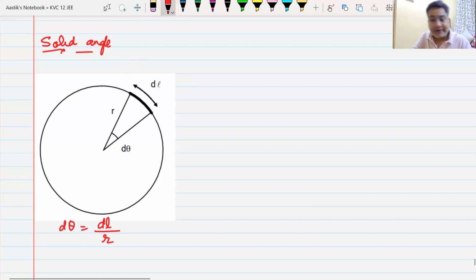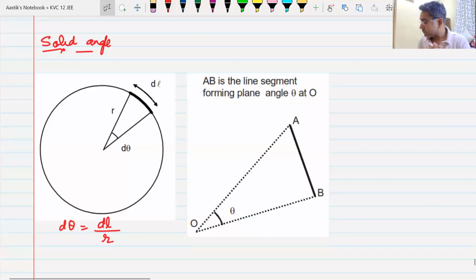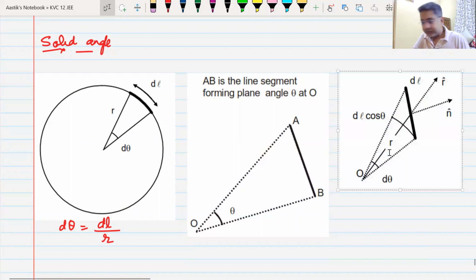Now, similarly, we can extend this concept of the angle formed by an arc to the angle formed by a line at any point. To make it more precise in terms of direction, it is actually written like this.